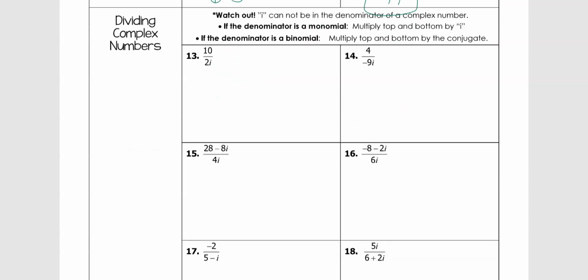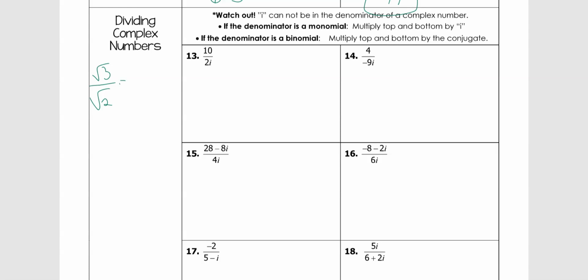So the last part we're going to do is dividing complex numbers. Dividing complex numbers is exactly the same as dividing radicals, which we didn't actually go over, but the notes should be available on the Google Classroom. So if we had the square root of 3 over the square root of 2, we don't want a radical in the denominator, and i is just a radical.